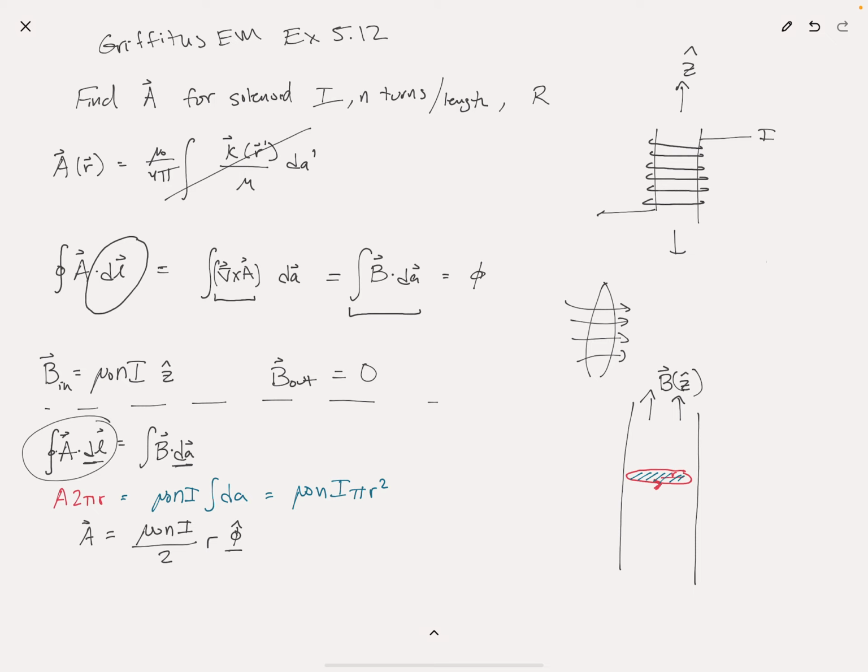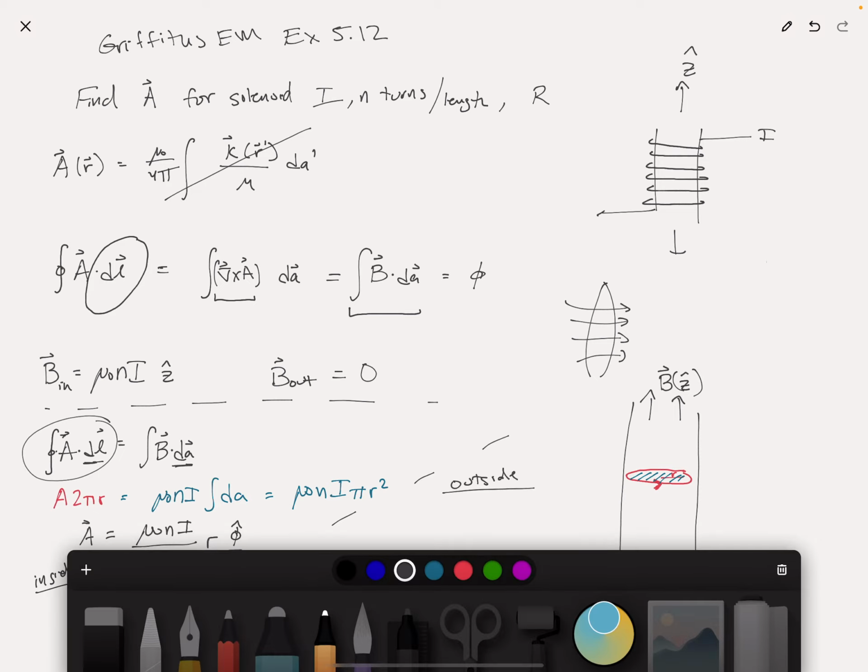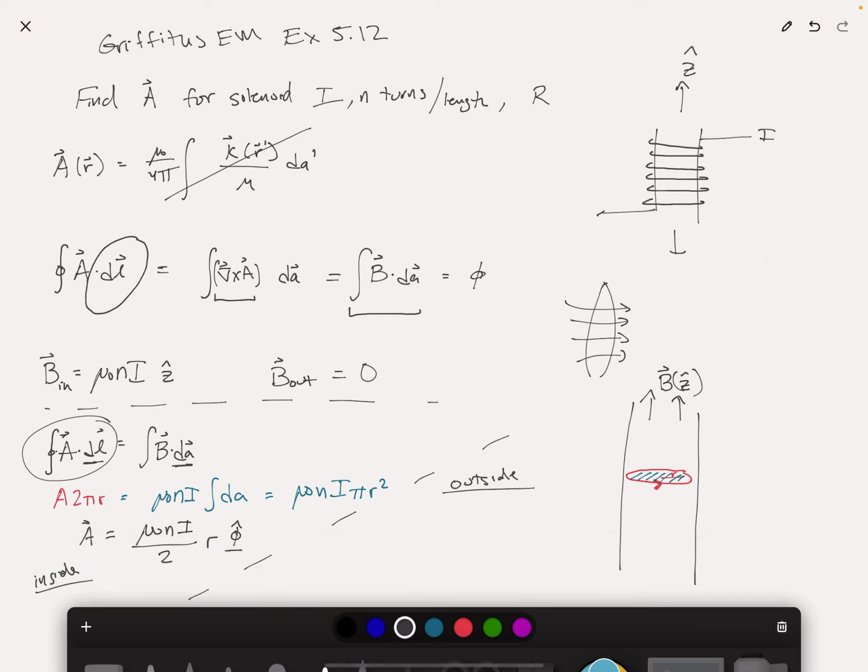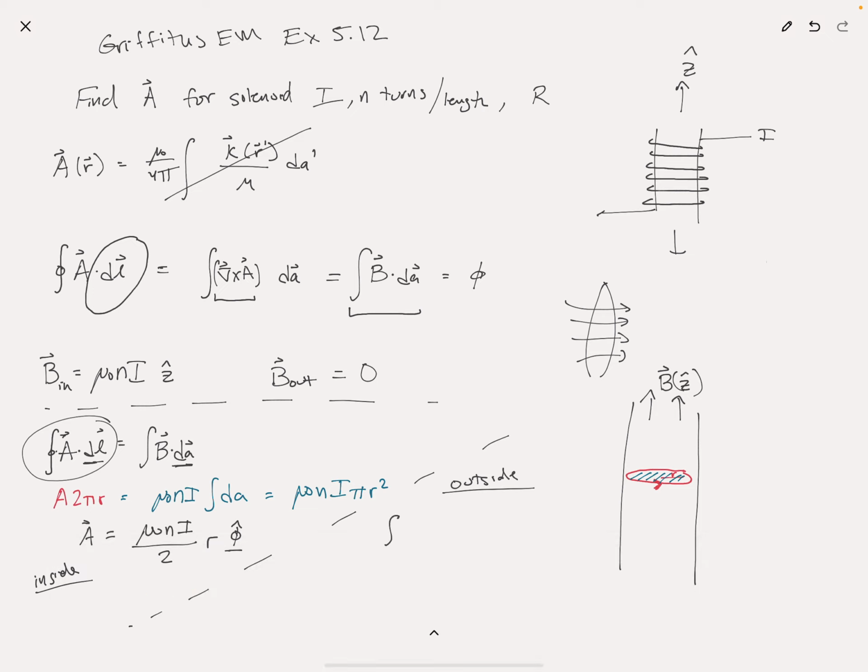What about on the outside? So this was inside. On the outside, I still have these same paths. A dot dl is equal to B dot dA.